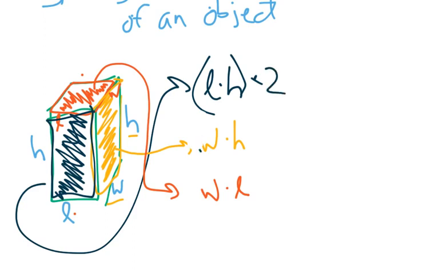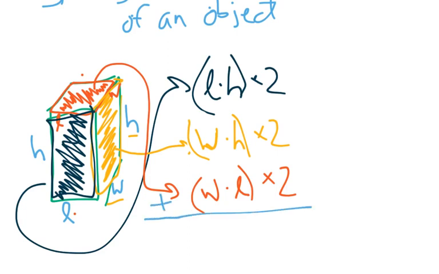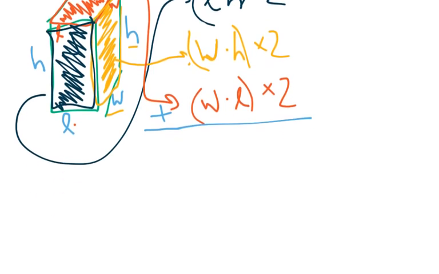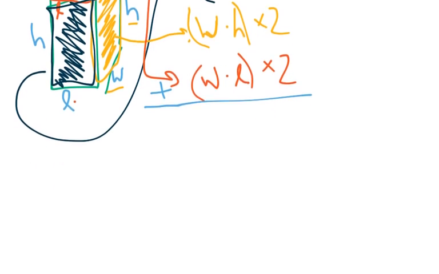Let me use different colors. And then we're going to add them all up together. And that's how we find the surface area. Okay, so now let's make this a lot neater, because this doesn't look all that neat.